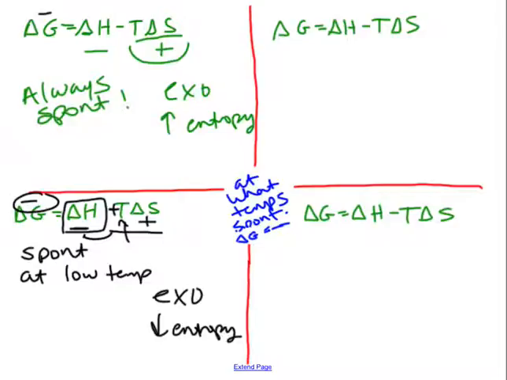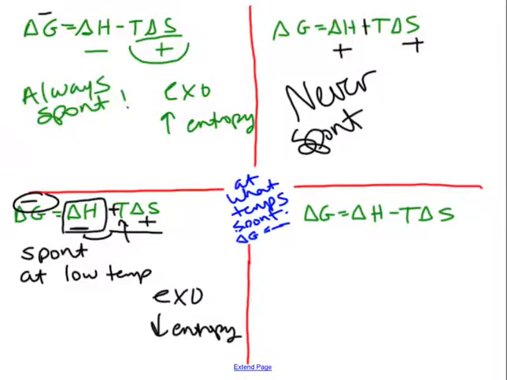Okay, let's try a different one. So now obviously we need to go endothermic. Let's do positive delta H with a decrease in entropy. That becomes a plus plus. Yep, this is never spontaneous or never thermodynamically favorable. And so this is endo and a decrease.